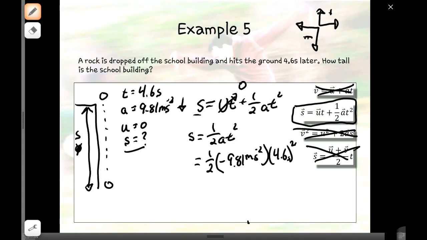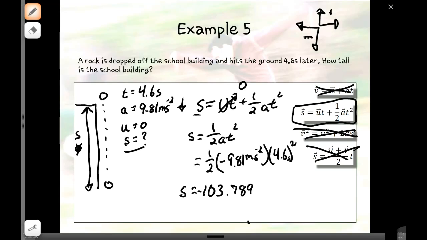So now let's go ahead and type this into the calculator. 0.5 times negative 9.81 times 4.6 squared. And that's going to give me my s to be negative 103.789. So this tells me the displacement of the rock is 103 meters.